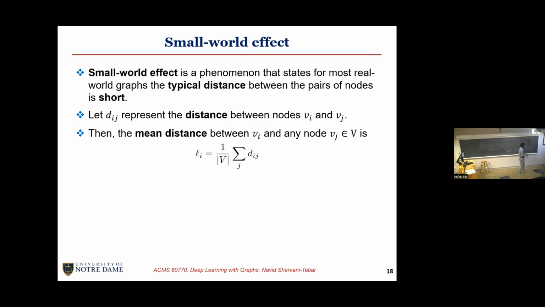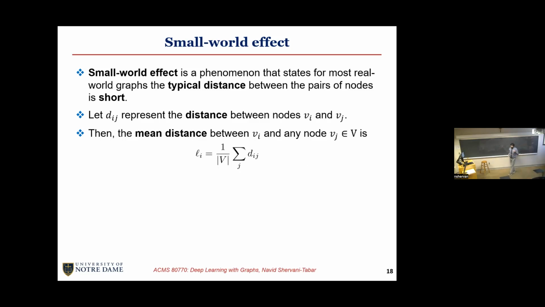Now, if for a given node Vi I want the average distance from Vi to any other node in that graph, it means that you start from that node, you compute the distance from that node to any other node in the graph, sum all of them, and divide that by the total number of nodes in the graph. You're going to end up with the average distance from node Vi to any other node in the graph.